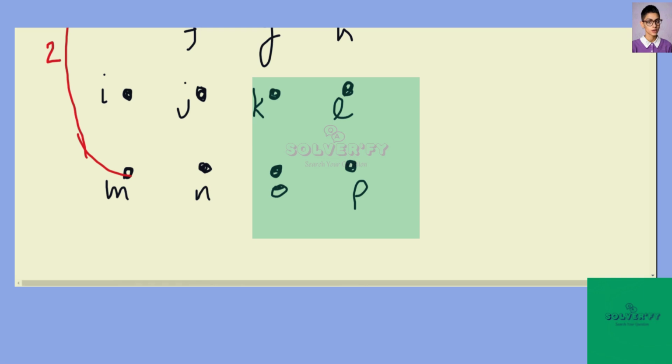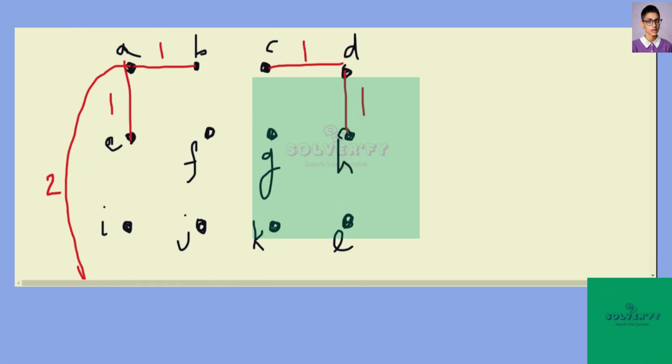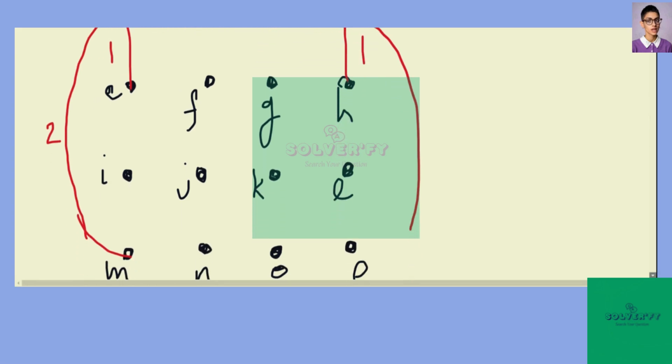Now if we add edge BC, we don't create a circuit, so this is also valid. If we add the edge DP, this doesn't create a circuit, although it's a little bit hard to see here. And so this is valid.